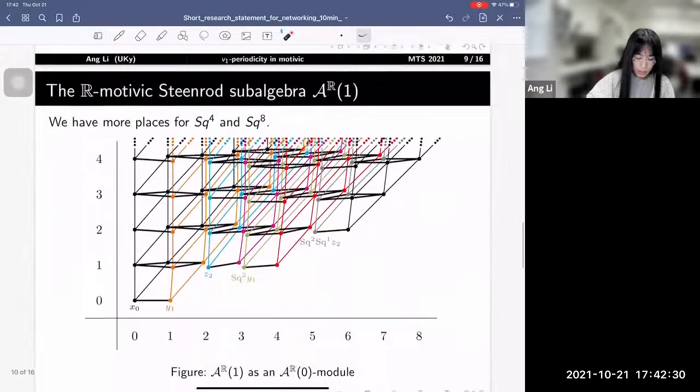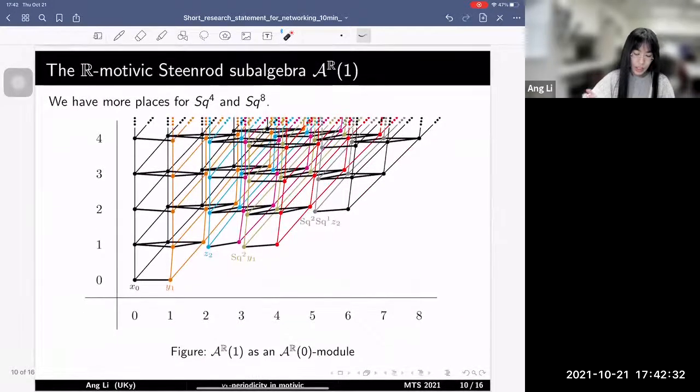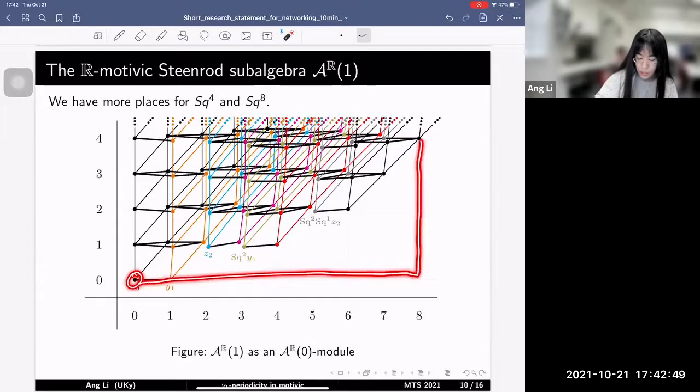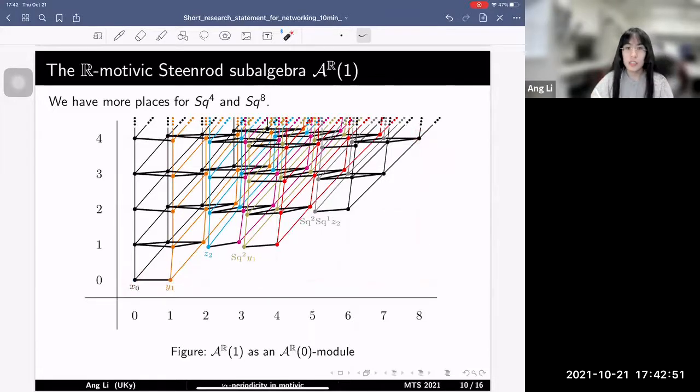So that's exciting, but let's relax a little bit and look at what A(1) looks like in R-motivic. We can see there is enough space for more interesting things to happen. For instance, this bottom class potentially supporting a Sq^8. This is not happening classically because you don't have enough space for that.